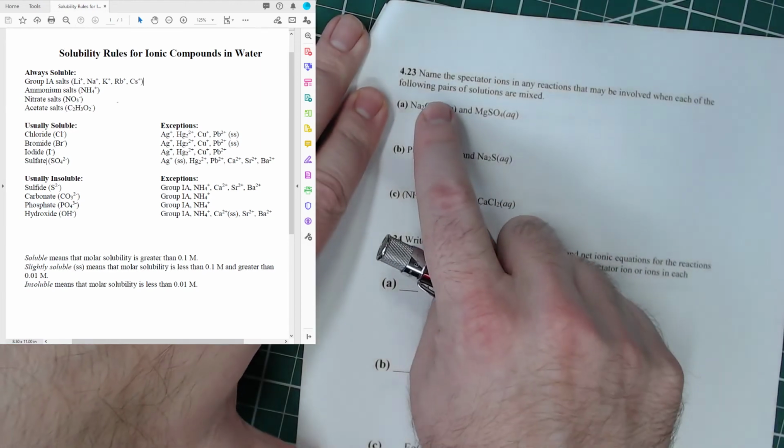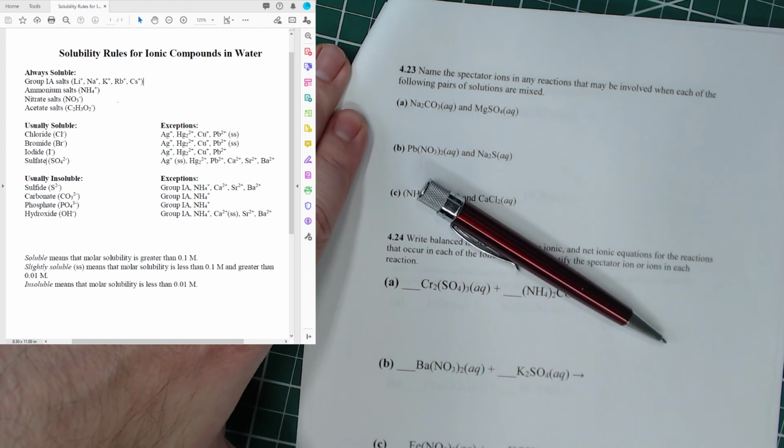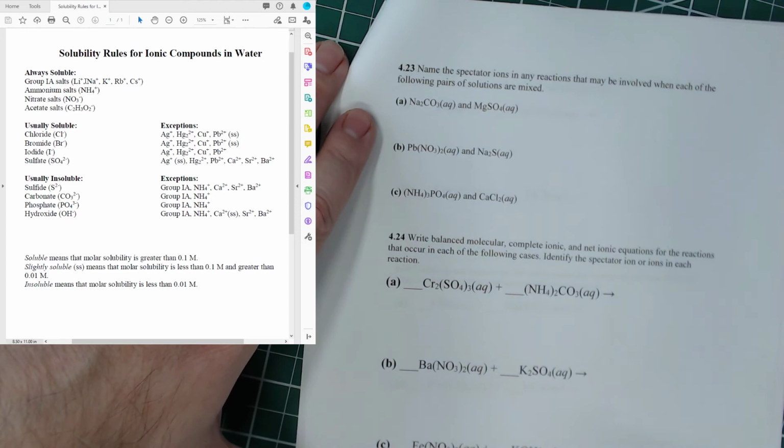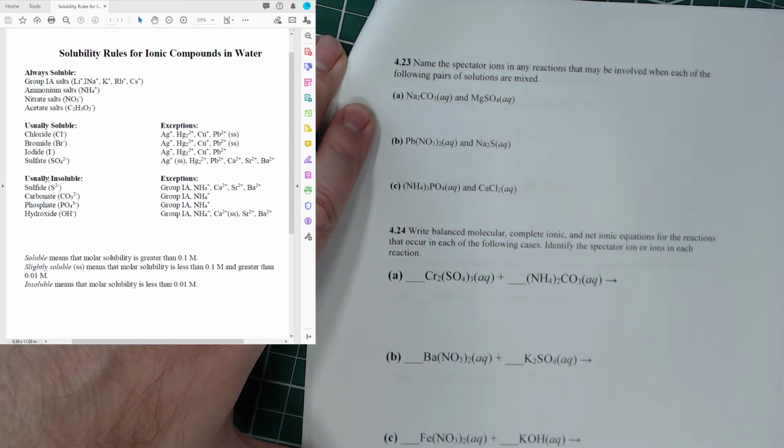So here we just want to name the spectator ions in each of these. Again, we're going to be looking over here in our always soluble list and our usually soluble list. If it's in one of those, it's probably a spectator. Now, again, it's not always, but start with the always soluble list and see if you can find a cation and an anion, and if not, then go to the next list.